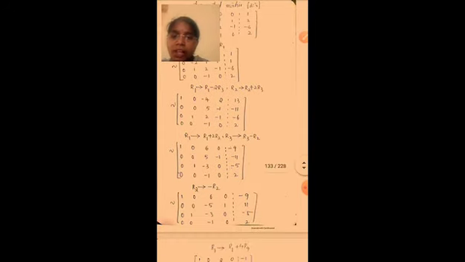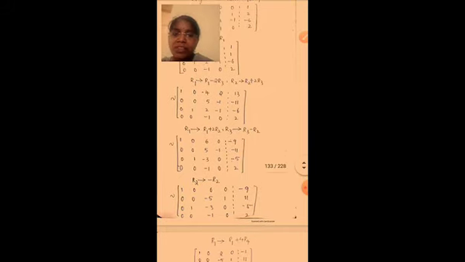Okay, next we have to apply R1 plus 2 R2 in R1, and R3 minus R2 in R3. So R1 plus 2 R2, what do you get here: 1 plus 0 is 1, 0 plus 0 is 0, 0 minus 4 plus 10 is 6, next 2 minus 2 is 0, and next 13 minus 22 is -9.